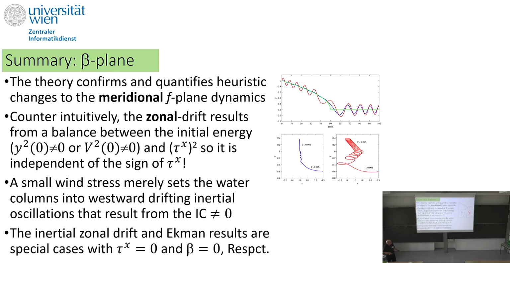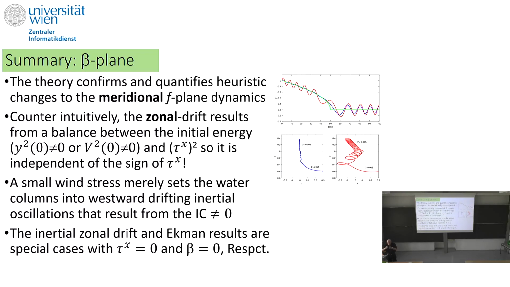And the last thing I want to say is that I worked for many years on the inertial oscillations, both on the beta plane and on a sphere. And it turns out from the same model that I showed you before, you can actually get two very differing dynamical setups.